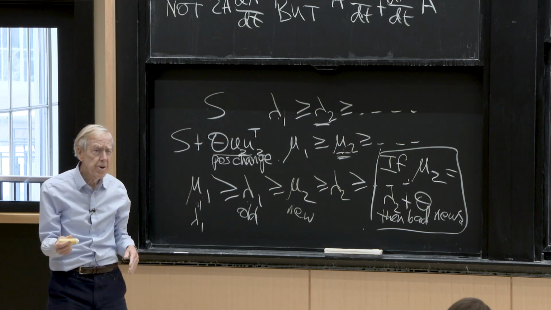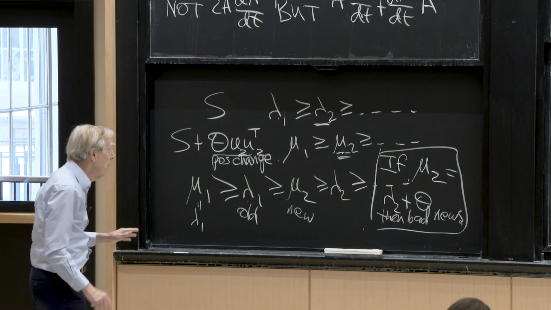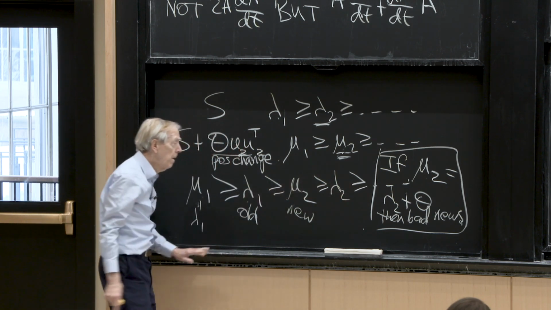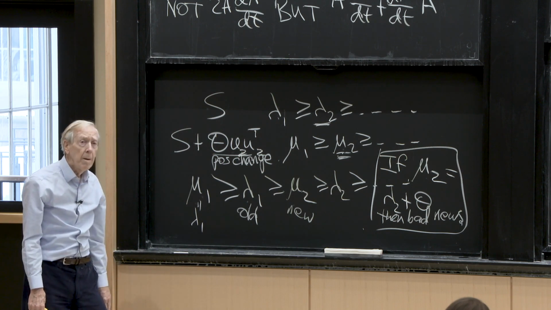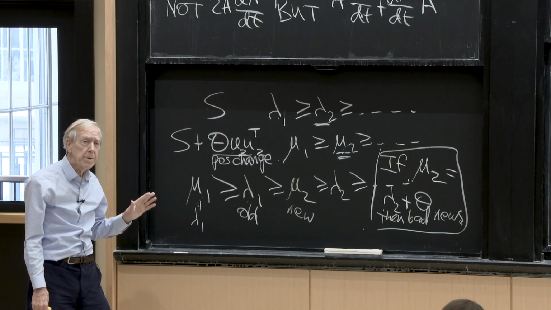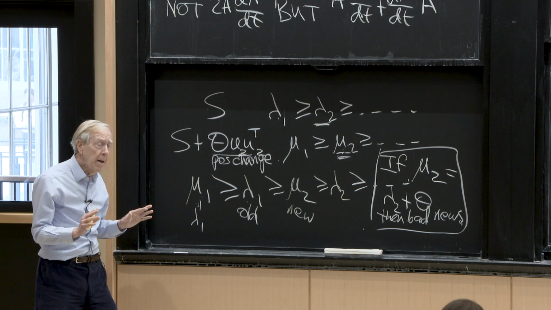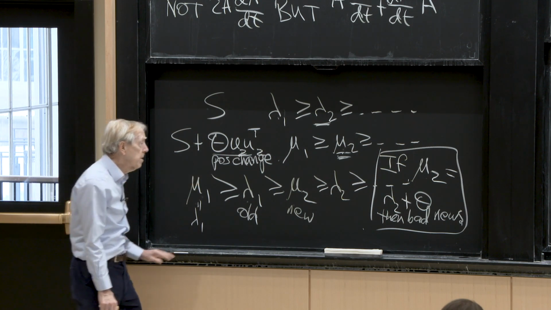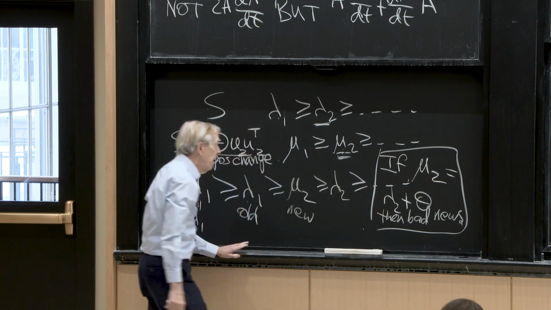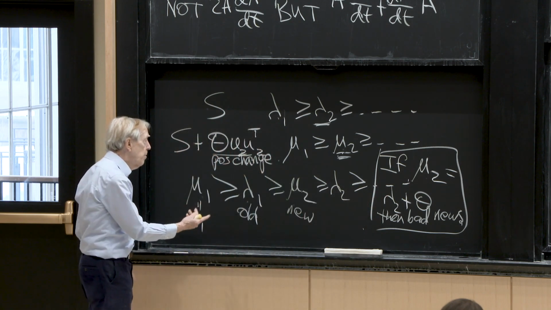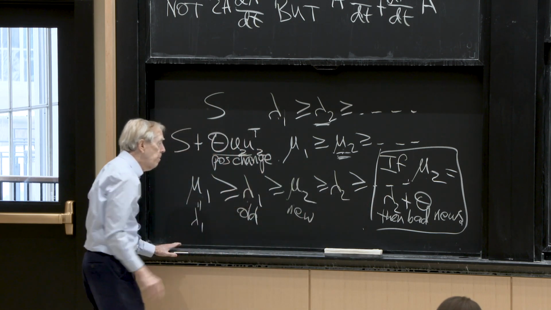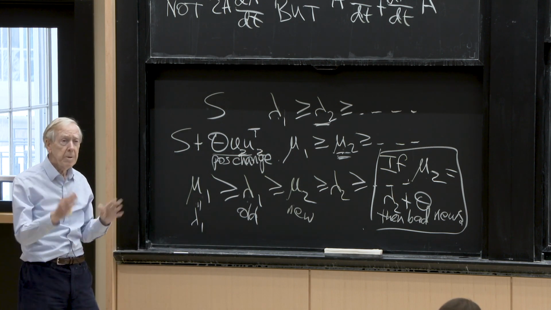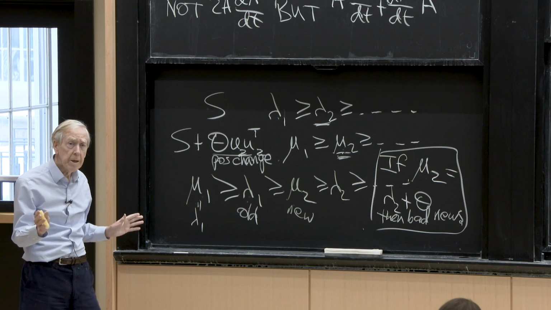What I'm trying to get you to do is to think through what this means, because it's quite easy to write that line there. But then when you think about it, you get some questions, and it looks as if it might fail, right? Because if theta is really big, that mu 2 would pass up lambda 1 and the thing would fail. And there has to be a catch. There has to be a catch.